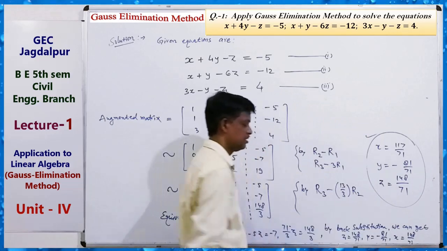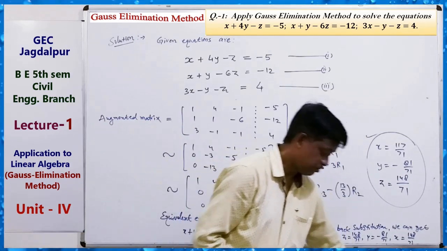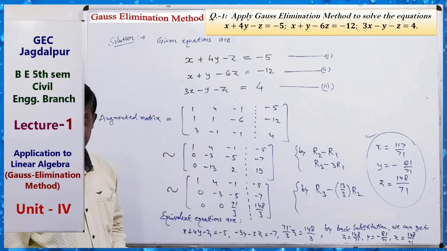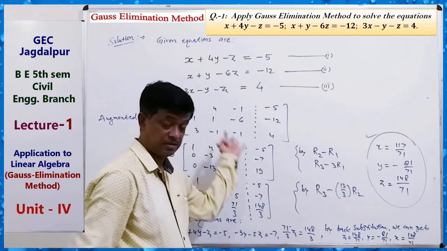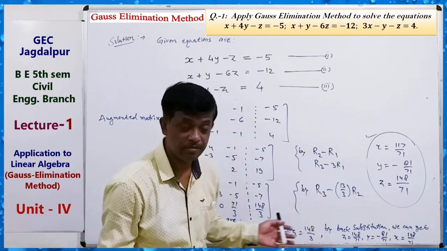So this is the solution. This is the matrix method, the equivalent method. By taking this matrix, you can also do the program. But our elimination method is the main thing, which we have just discussed, the method of elimination.